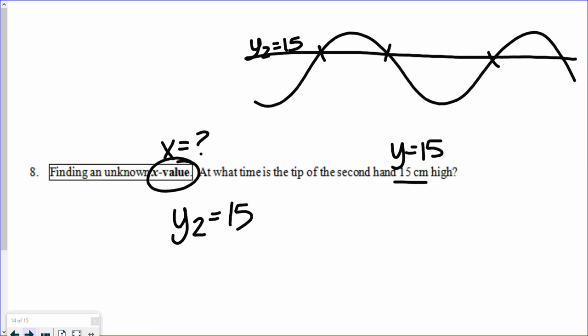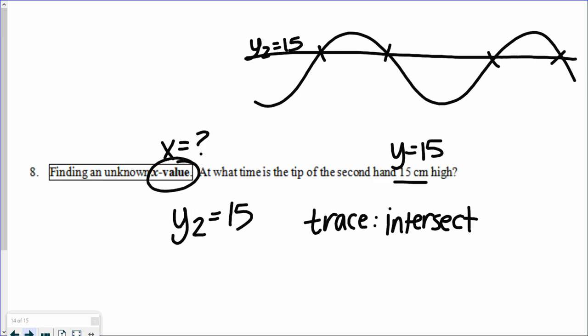It's going to be at 15 centimeters quite a few times. So we're going to trace the intersect, second calculate, and I don't remember what number intersect is, but there will be multiple points.